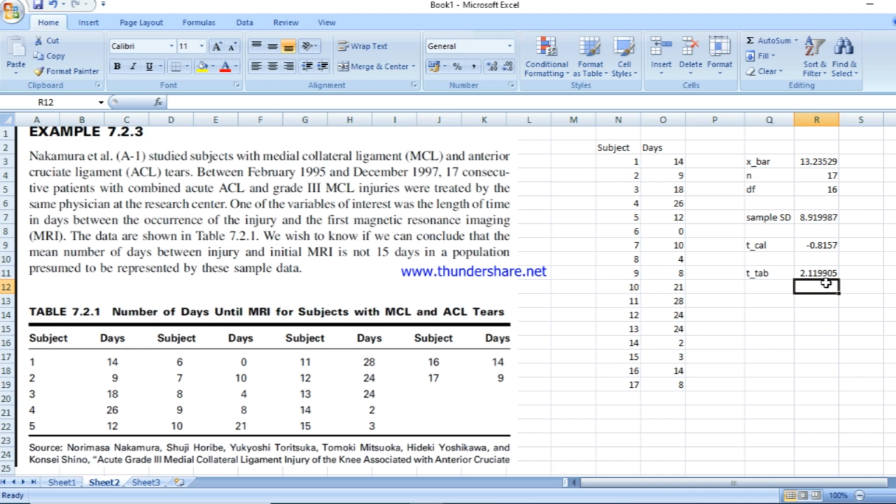So our calculated value in absolute terms is less than the tabulated value, and hence we say that on an average the number of days between injury and MRI is abiding by 15. That is to say, we are not rejecting H naught, wherein H naught was that the mean number of days between injury and MRI is 15 days.